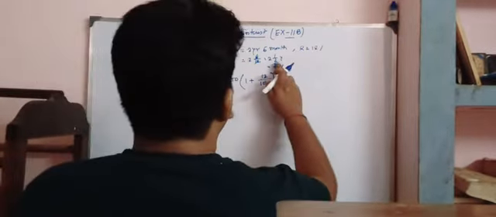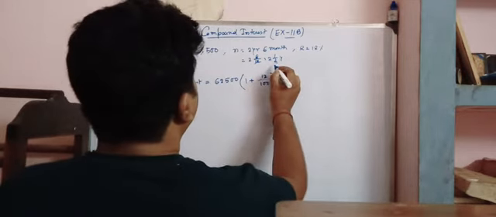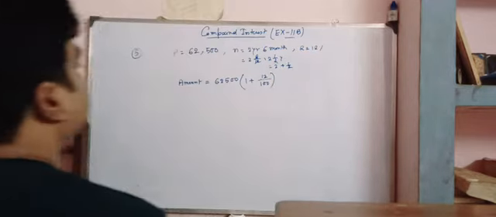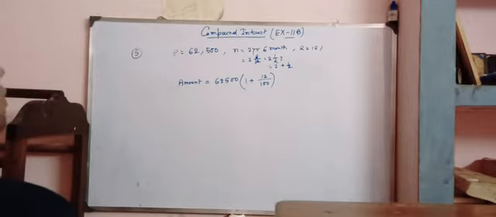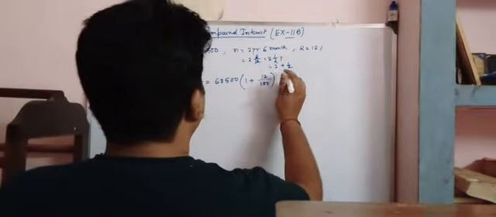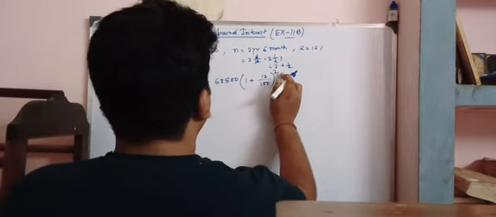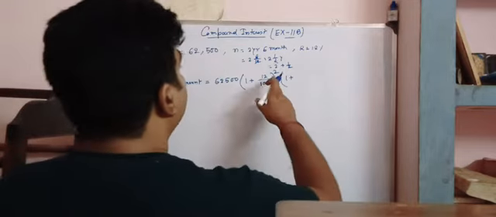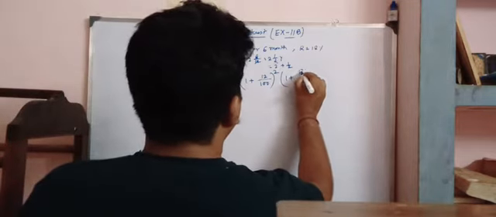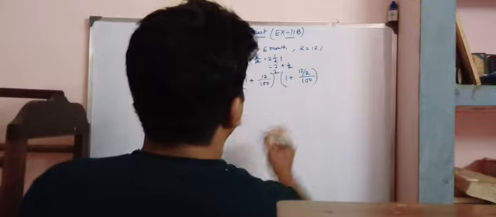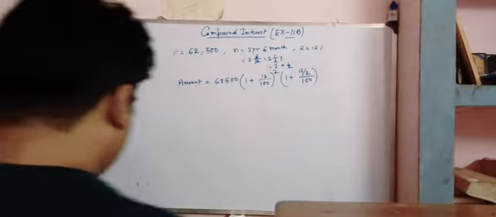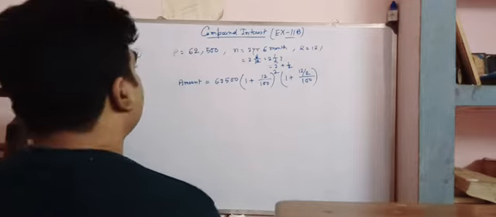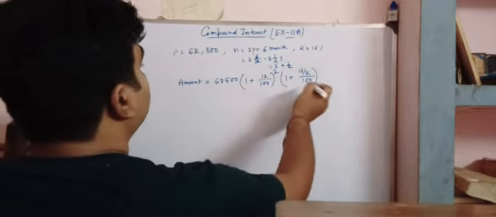Here time is a fraction, that means 2 plus half. That's why we take the amount as 62,500 into (1 plus 12 by 100) to the power 2, into (1 plus (12 by 2) by 100). When time is a fraction, you can easily get this formula from your math book. So this is my formula, 2 plus 1 by 2 year.